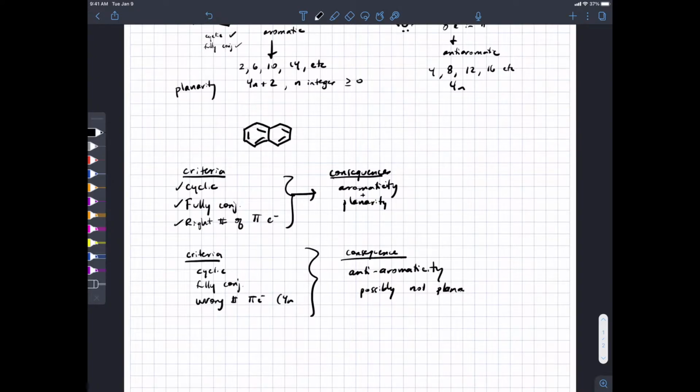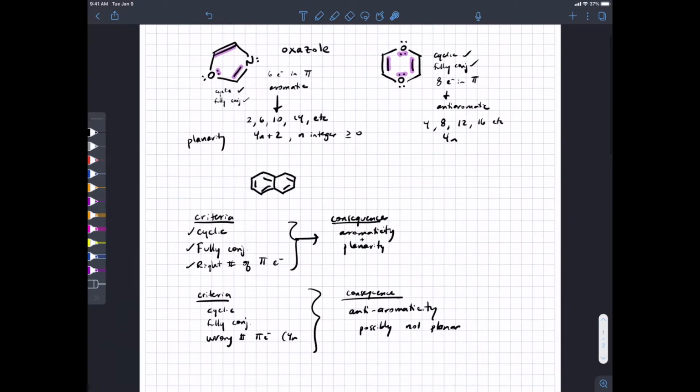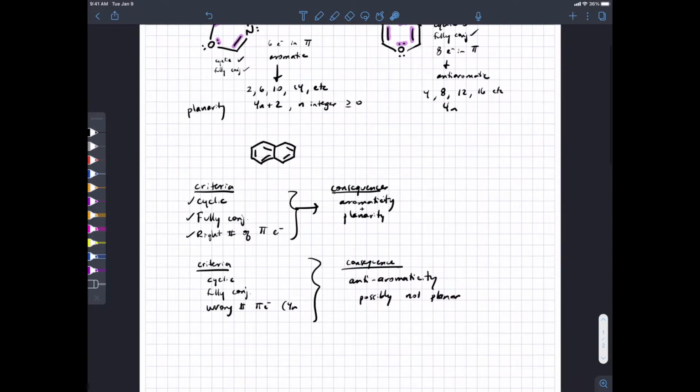The molecule might distort itself so as to not have to be anti-aromatic. That being said, you're probably wondering, if something's anti-aromatic and distorts its geometry, should I say it's anti-aromatic or should I say it's just not aromatic? Say it's anti-aromatic. That's all that you need to do.